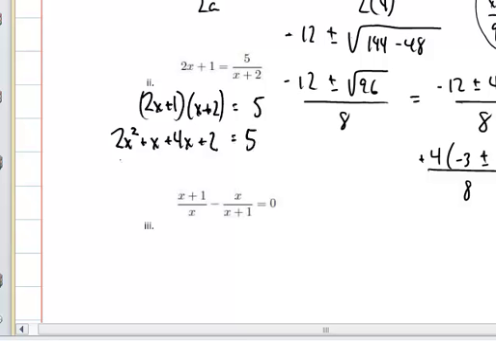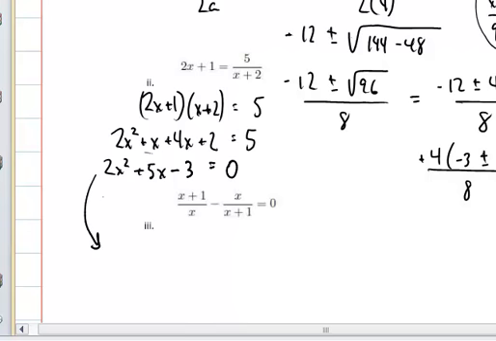You bring everything over to one side. And then you would try to factor it to figure out what your roots of this polynomial would be.